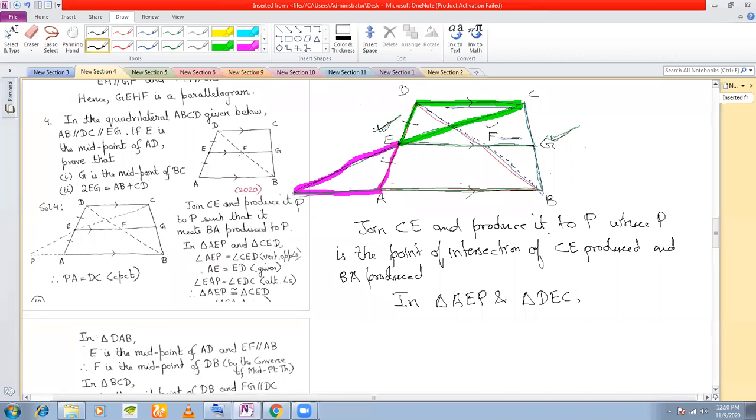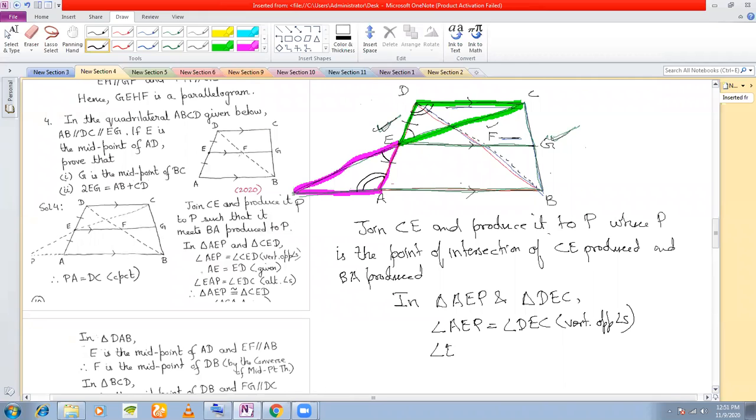Can you tell me? These two are vertically opposite angles, right? Write this angle AEP is equal to angle DEC because they are vertically opposite angles. Okay. Next, this angle must be equal to this angle. Why? Because they are alternate angles.